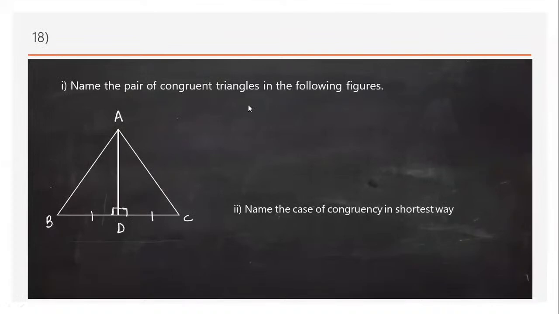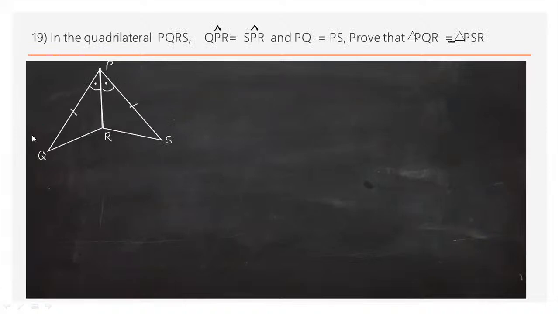Name the pair of congruent triangles in the following figures. ABC, we have done it. 18th one. 19th: in the quadrilateral PQRS, angle QPR equals angle SPR, this angle, and PQ equals PS, given.